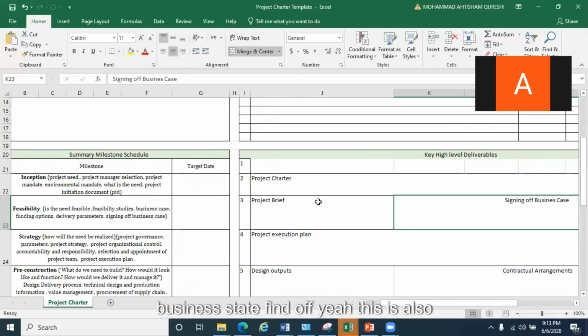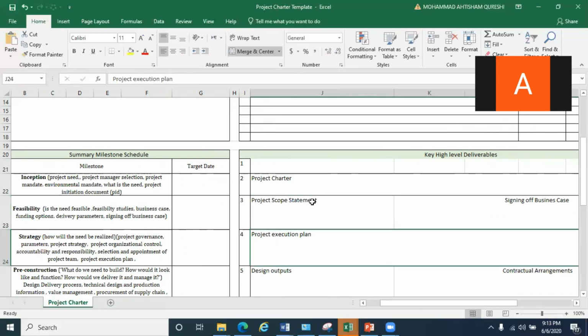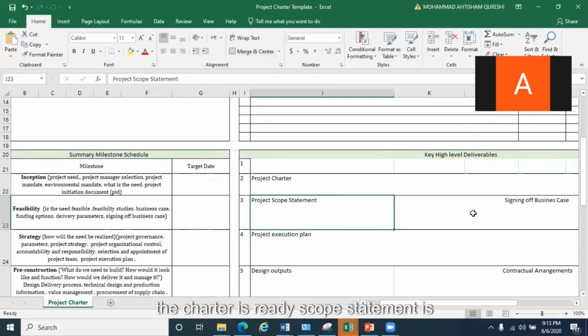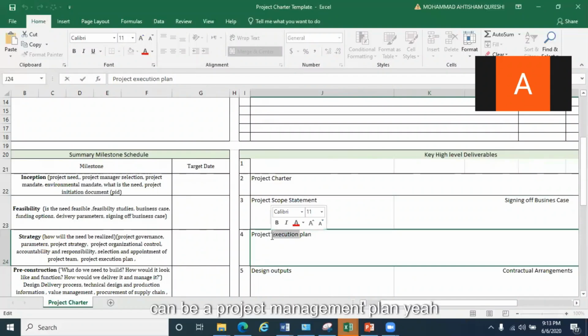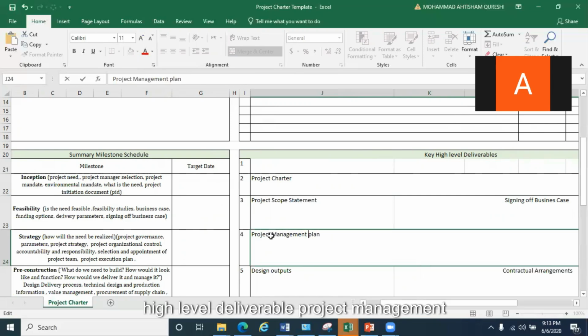This is also part of the project scope statement. So the charter is ready, the scope statement is ready, the business case, and the project execution plan, which can be a project management plan. So these are the high level deliverables we are talking about here.